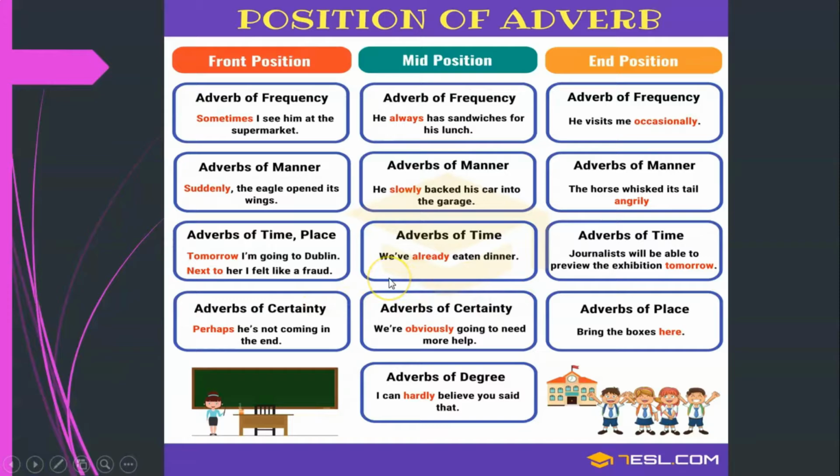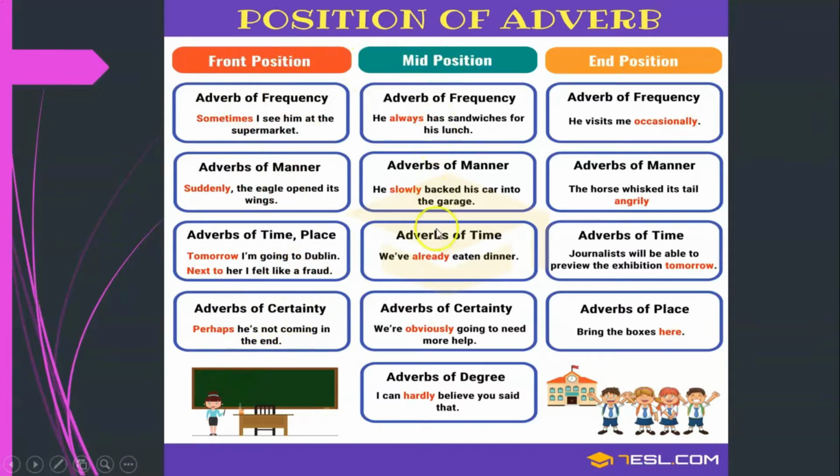Now let's look at the position of adverbs. Adverbs can have a front position at the beginning of the sentence. You see here we have different types of adverbs. We have adverbs of frequency, of manner, time and place, certainty, and others that we can mention.